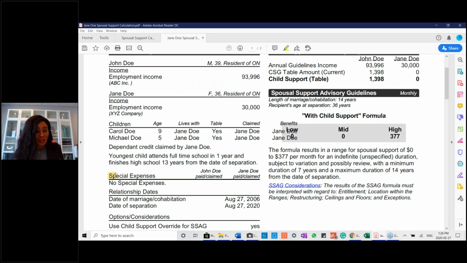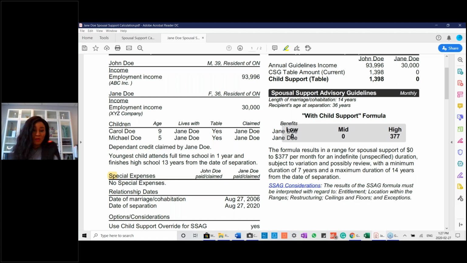At the left part of the screen, I'm just going to hover over it a little bit. You see where it says special expenses. Special expenses are expenses that you pay towards the children that are over and above your child support amount. A typical example would be post-secondary expenses, for example. Make sure you give that information to your lawyer, or you factor it in yourselves if you're calculating spousal support.